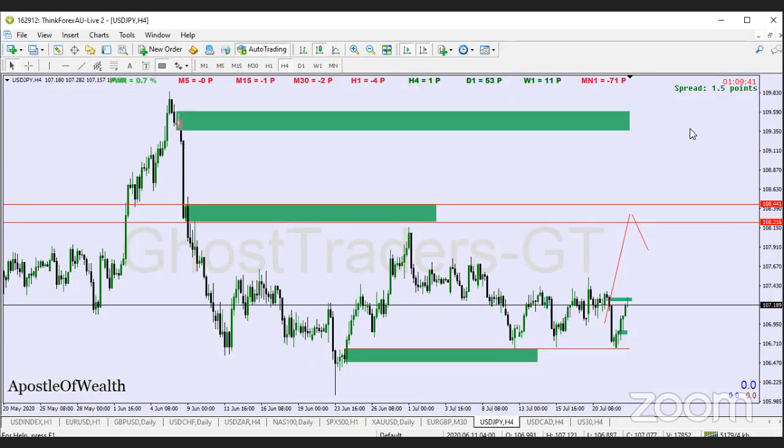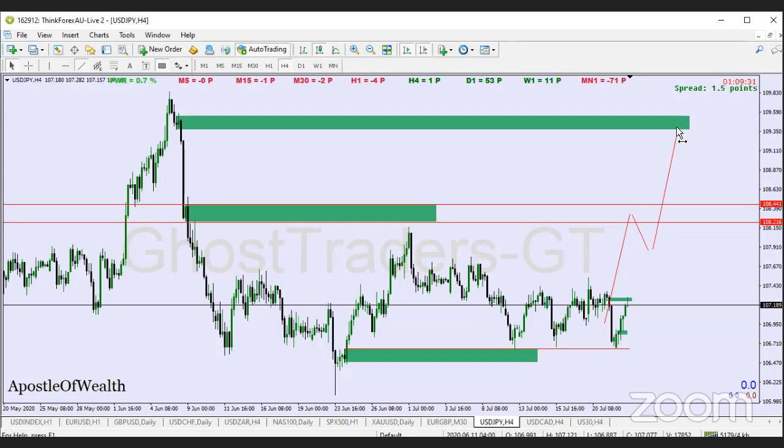We have our base here. So we get to know that our price has two areas, okay? And then we get to see the market dropping. So this is what we have in the market.